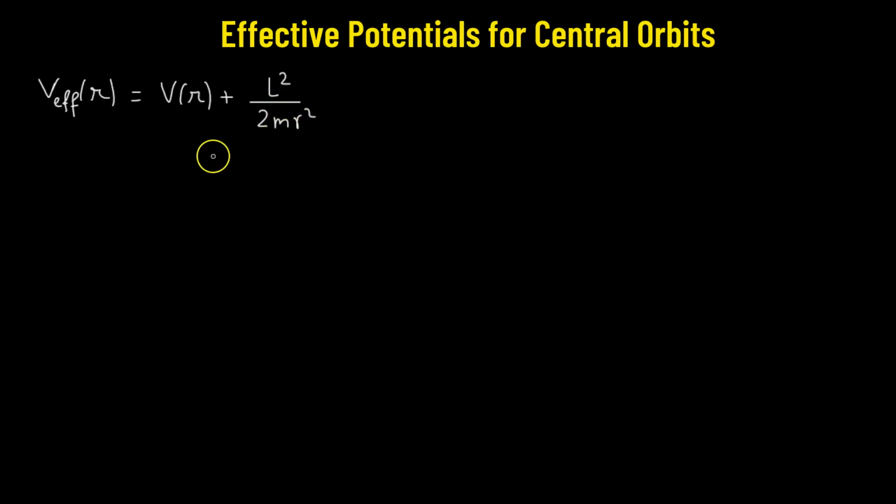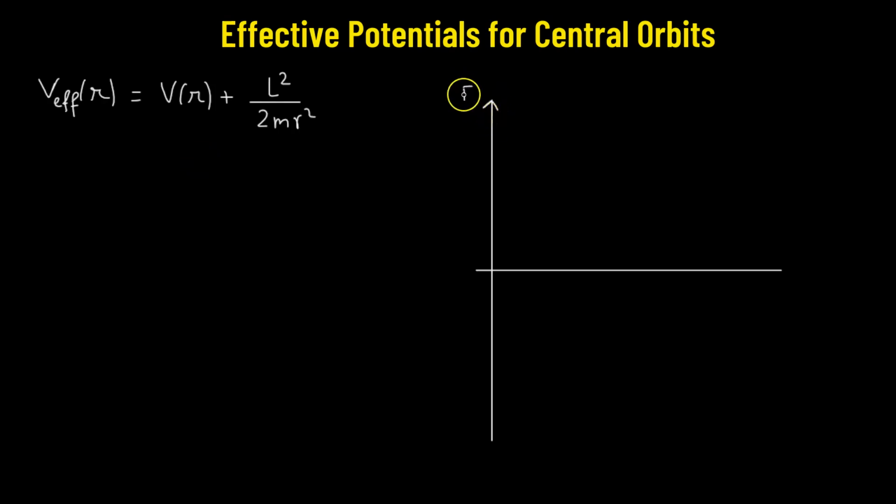Now, what we will do, we'll try to draw the energy diagram. So on the vertical axis, we have the energy E, and we have the horizontal axis, which represents the position R. This is also going to represent the zero energy level, so we'll consider E to be 0 on this particular horizontal axis.